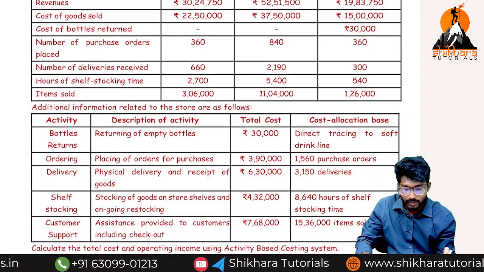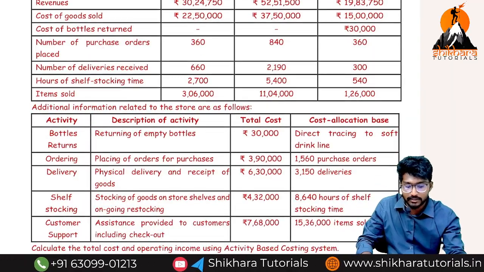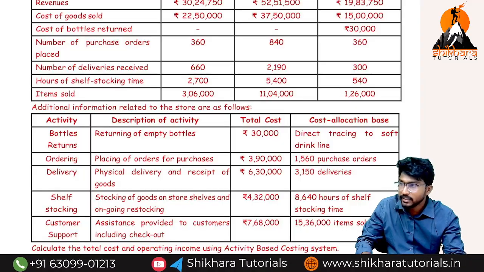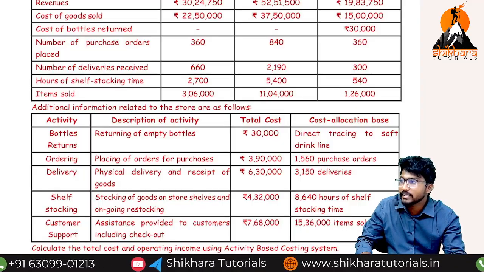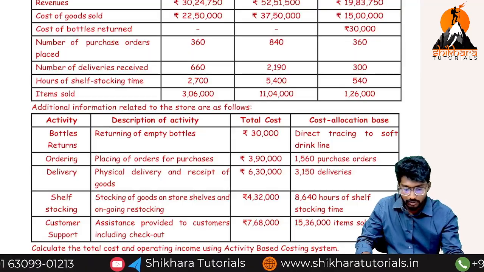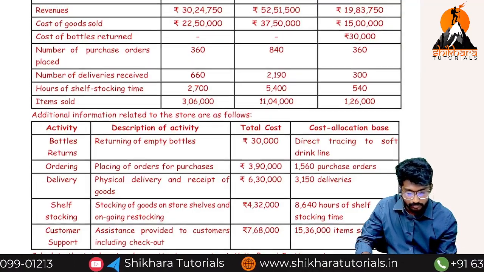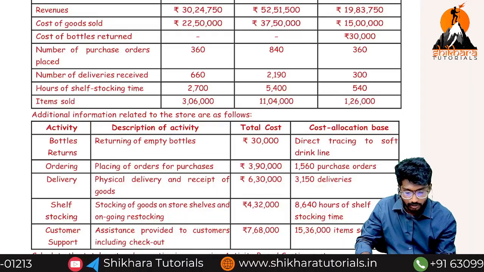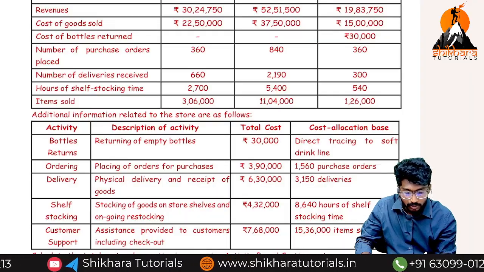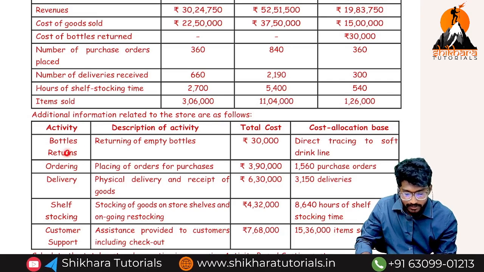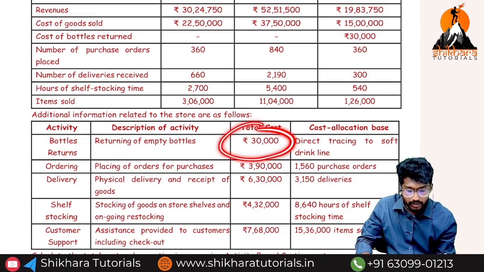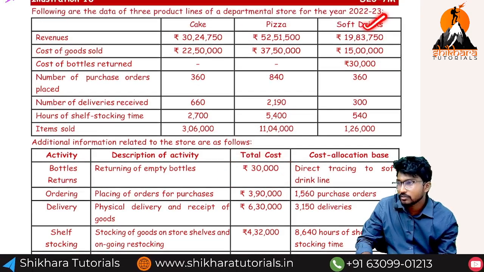Next, number of purchase orders placed. It is used for allocating the activity cost. Now, bottles return, it is only for whom? It will be only for soft drinks.